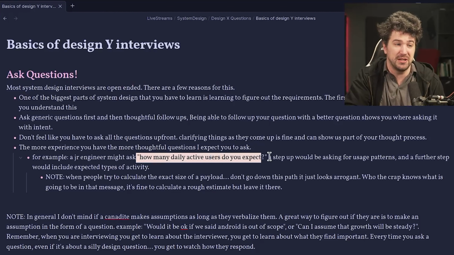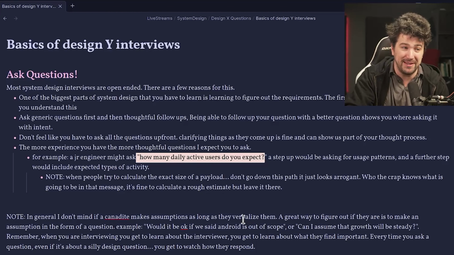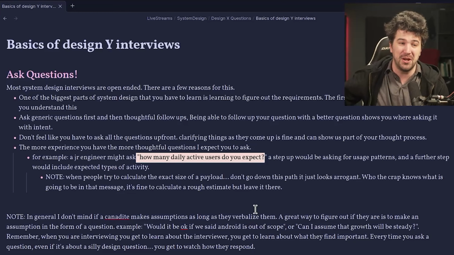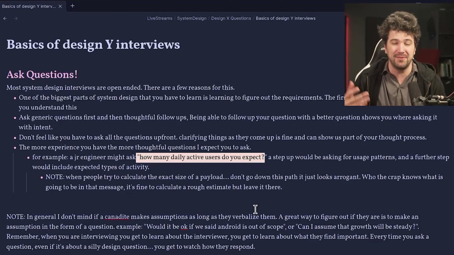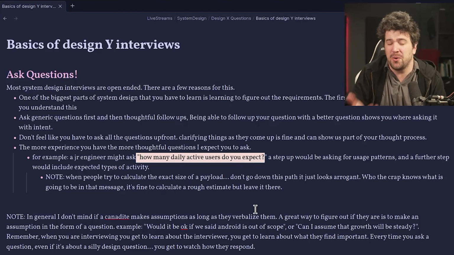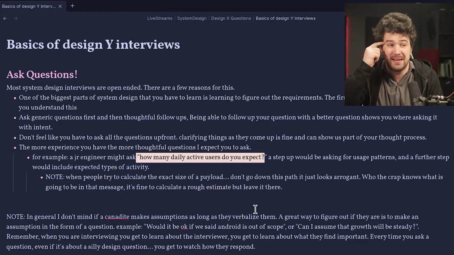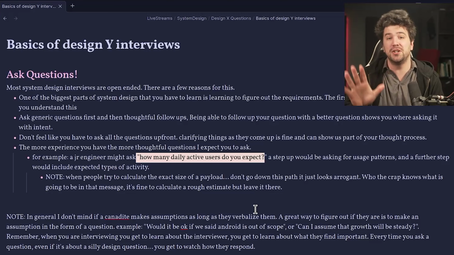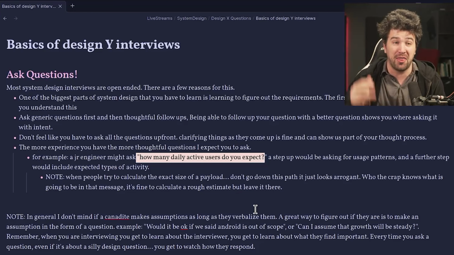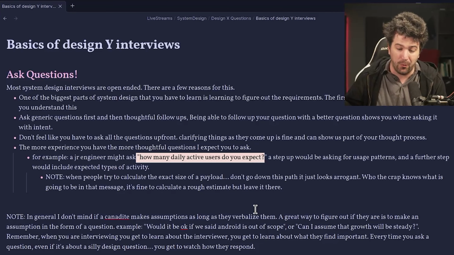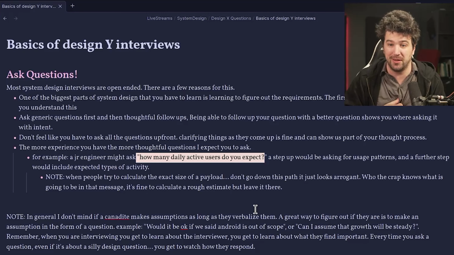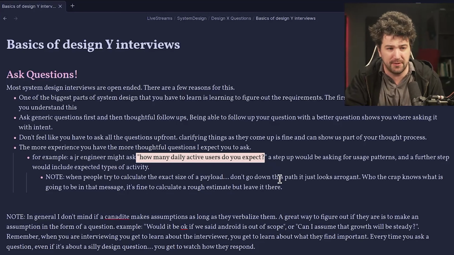A junior engineer maybe just stops at how many daily active users, doesn't even know usage patterns, doesn't even know the expected types of activity. And that's okay. It means that they're thinking about it. That's good enough for somebody fresh out of college. They thought, wow, what type of load am I going to have to deal with? And they'll learn the other stuff.